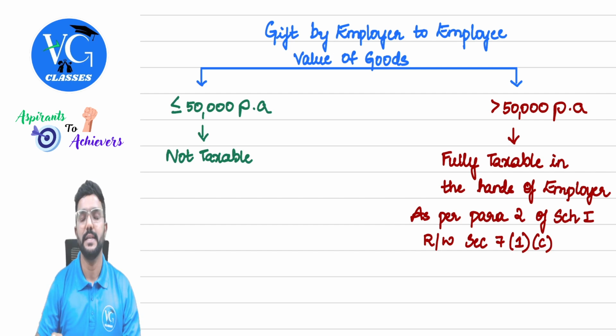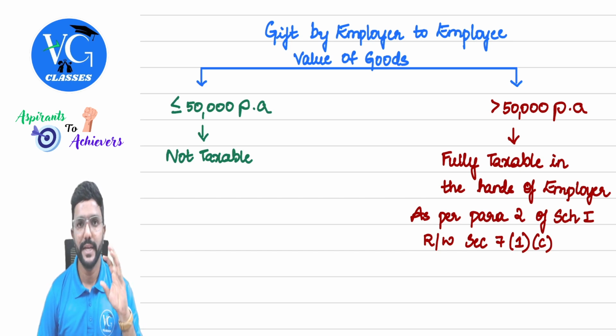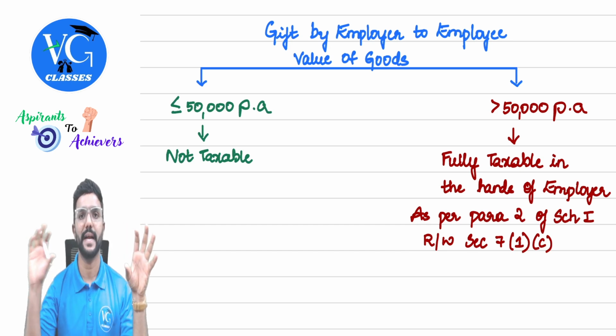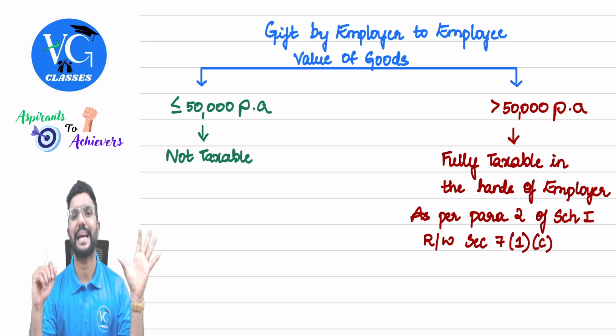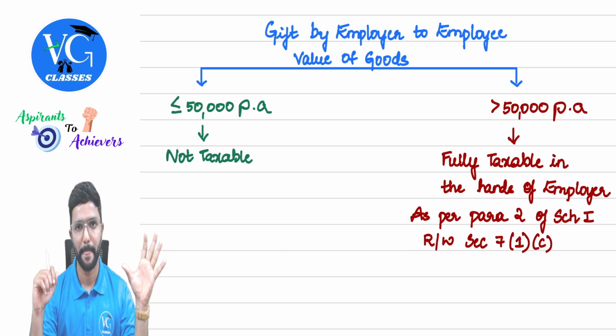Is that clear? Yes. And one thing, there is a connection to income tax again, guys. As I already told you, the gift given by employer to employee is taxable in the hands of the employee under the head salary for income tax purpose. So there we need to check whether the gift is in money form or in kind. If it is in money, whatever is the value of money, it is fully taxable, irrespective of the amount.